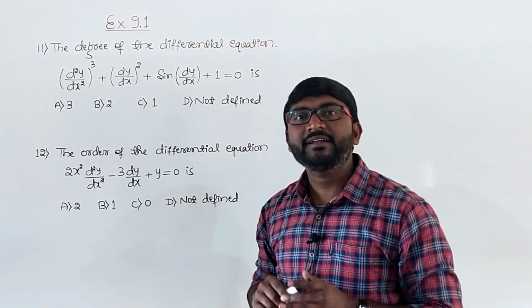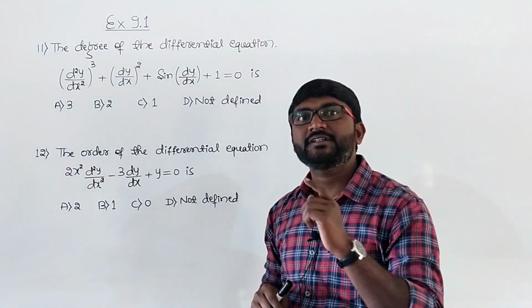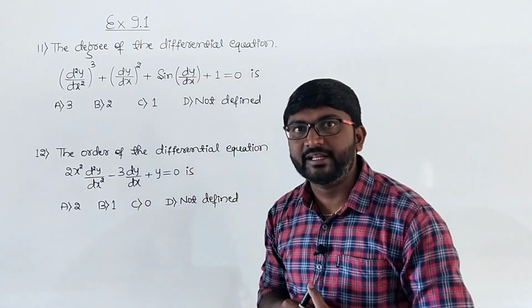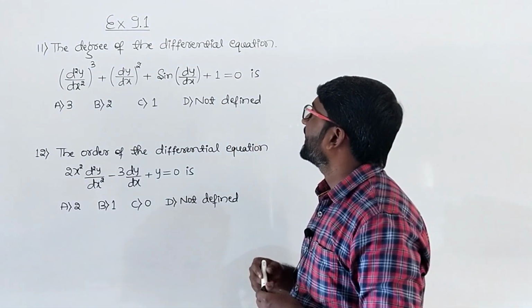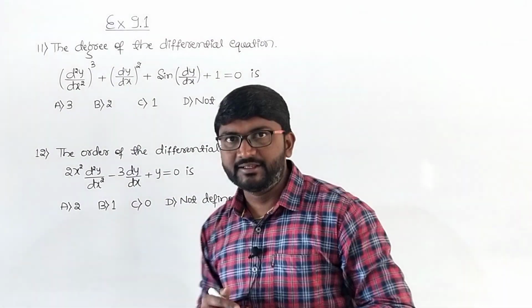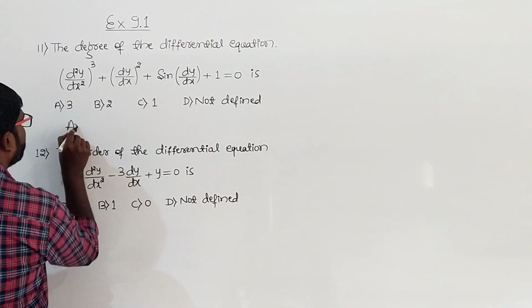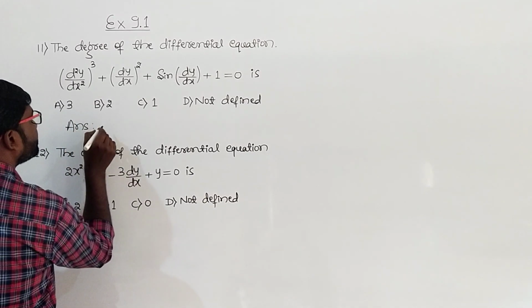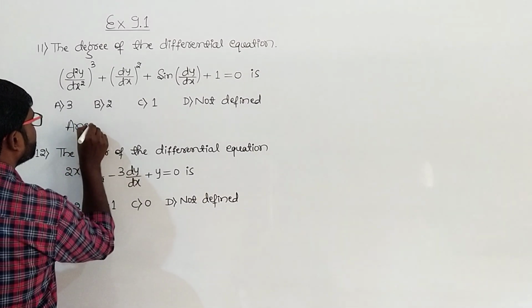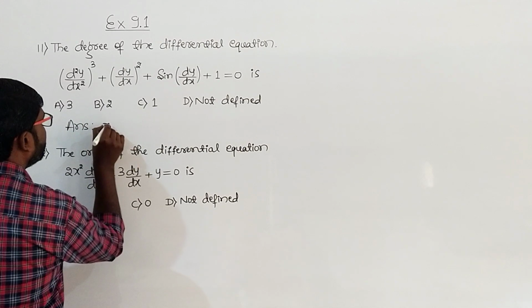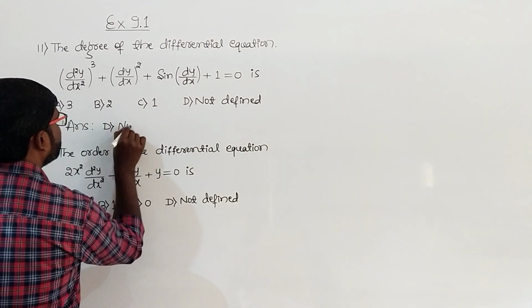So this clearly indicates that this differential equation is not a polynomial in derivatives. So that is why the degree is not defined. It is option D, not defined.